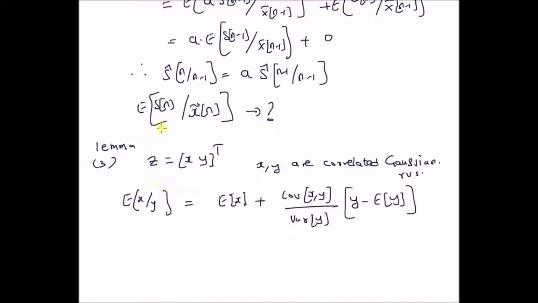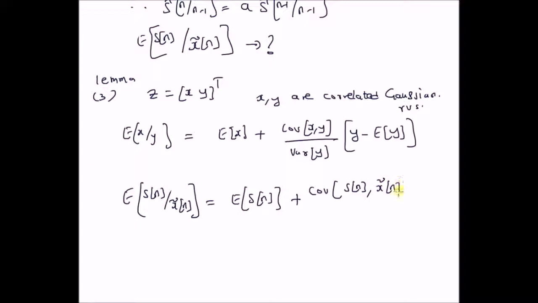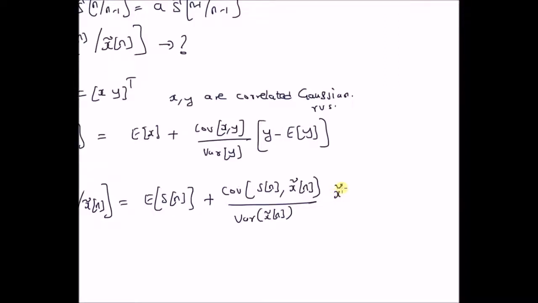Now by denoting x as s of n and y as x tilde of n, we can write that the expectation of s of n given x tilde of n is equal to the expectation of s of n plus the covariance of s of n and x tilde of n divided by the variance of x tilde of n, multiplied by x tilde of n minus the expectation of x tilde of n.